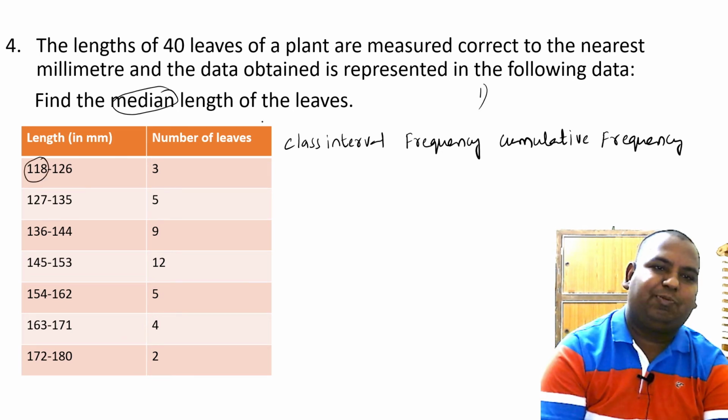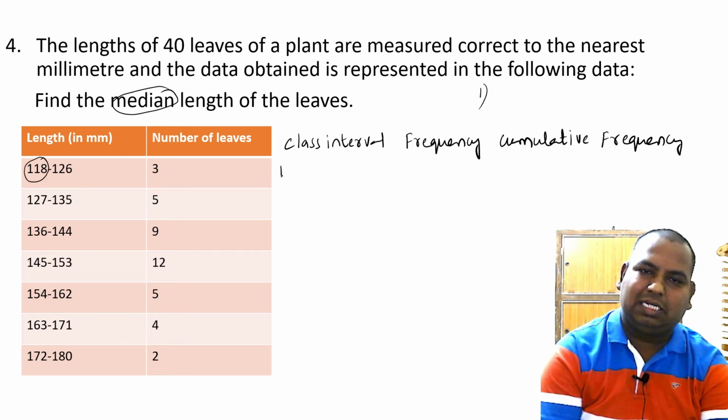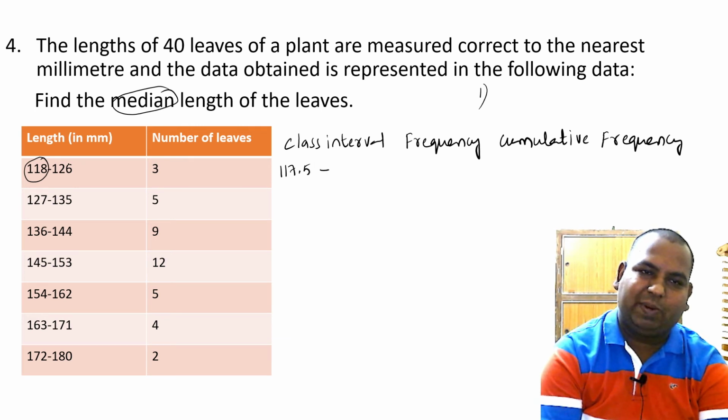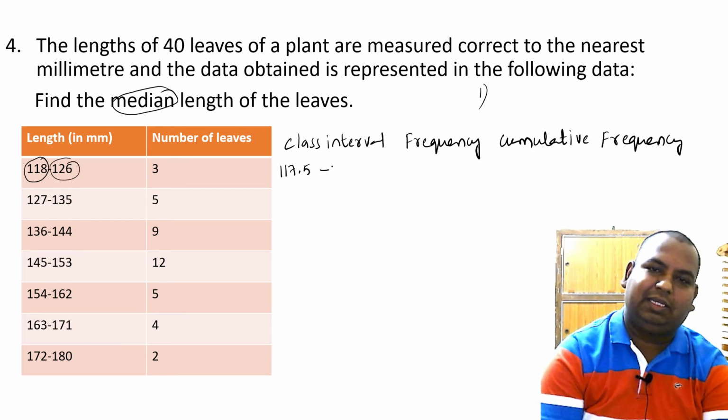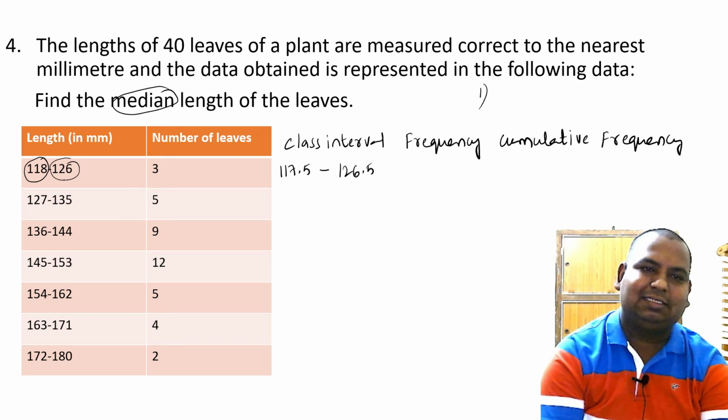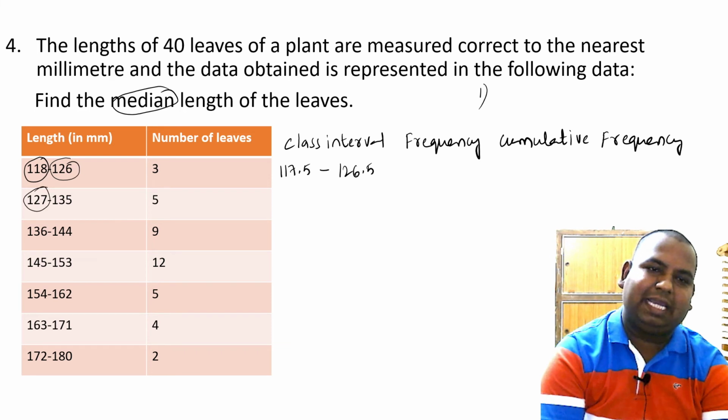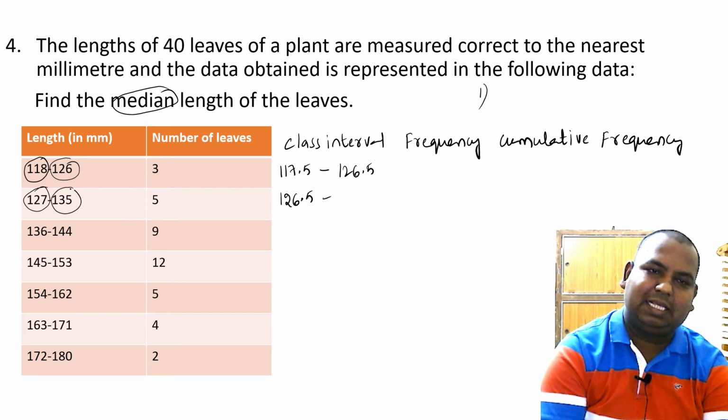118 minus 0.5 is 117.5. Next, 126 plus 0.5 is 126.5. Next, 127 minus 0.5 is 126.5. 135 plus 0.5 is 135.5.